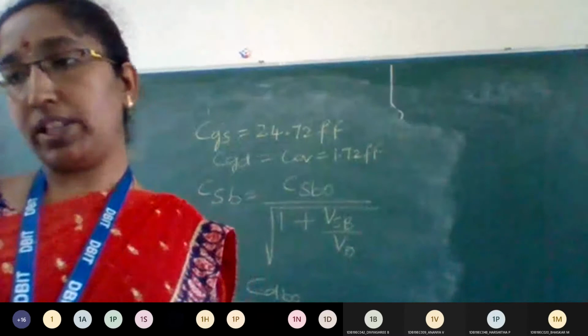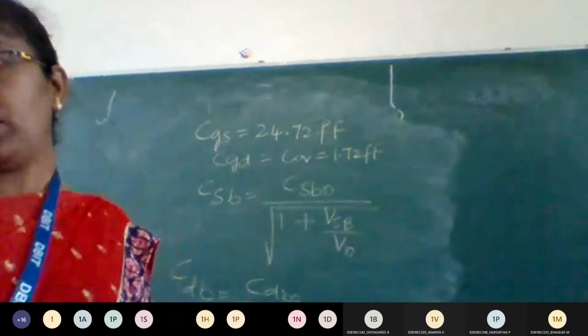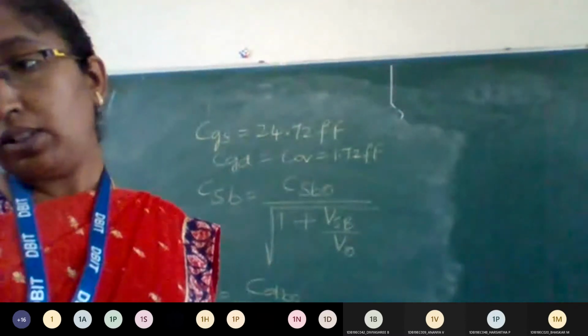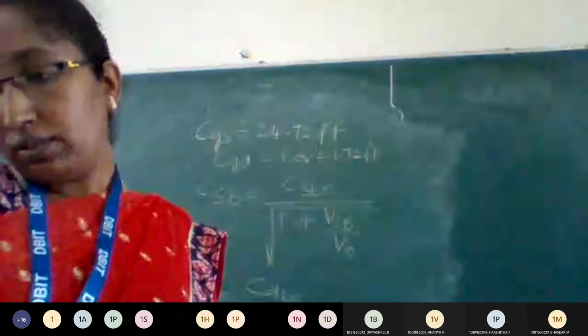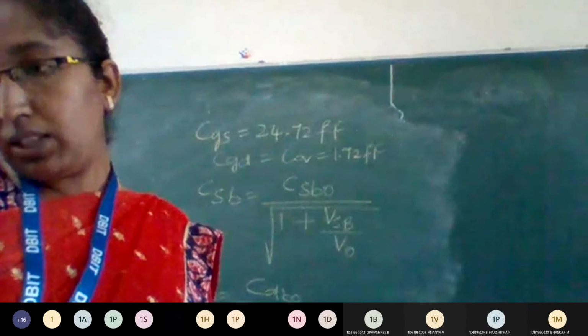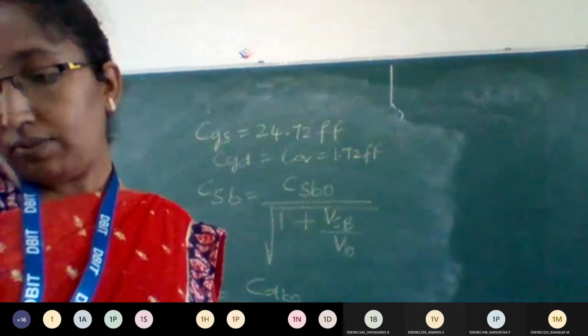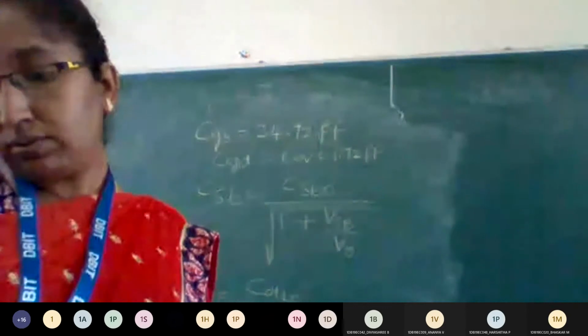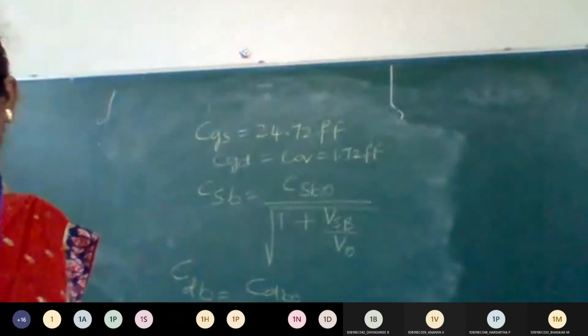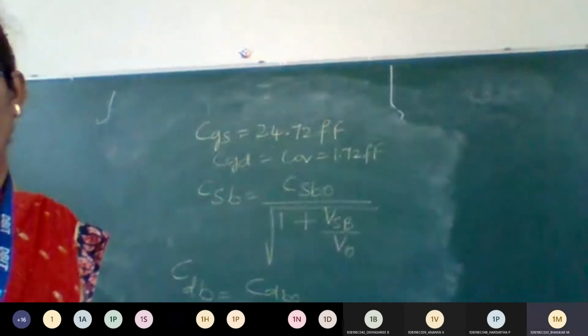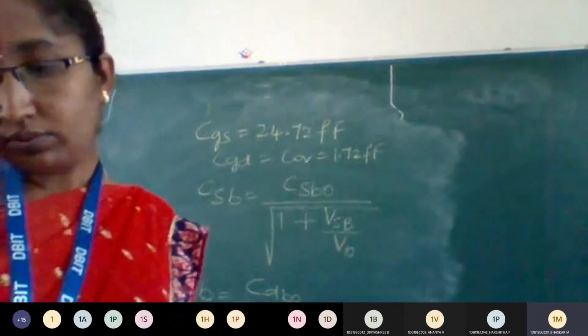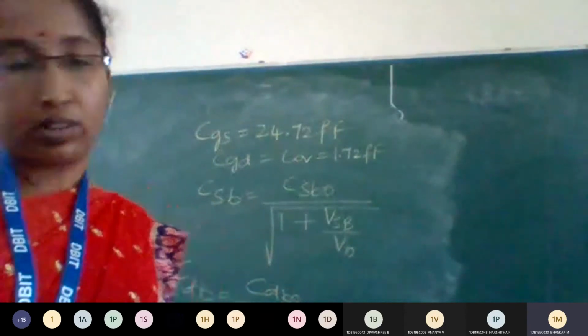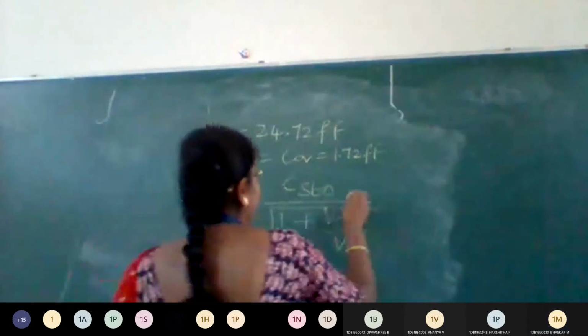CDB0 and CSB0 are given; it is equivalent to 10 picofarad. VSB is given. For CSB, 6.12 FF, ma'am.